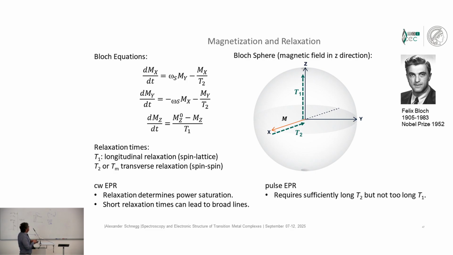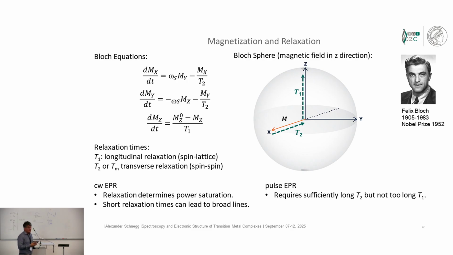Here in our case the external magnetic field would be oriented along Z, and the motion of the magnetization after excitation can be described by this set of equations, which are the Bloch equations, and you have the elements of the magnetization Mx, My and Mz. Then you have the Larmor frequency, and in addition two values which are called here T2 and T1, and these are the spin relaxation times.